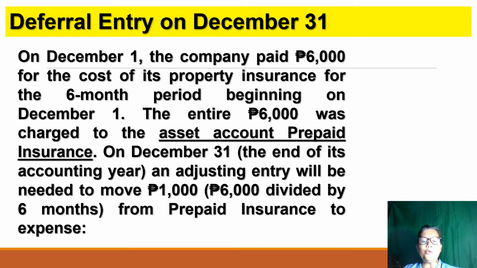On December 31, the end of its accounting period, an adjusting entry will be needed to move 1,000 pesos, that is 6,000 pesos divided by 6 months, from prepaid insurance to expense.